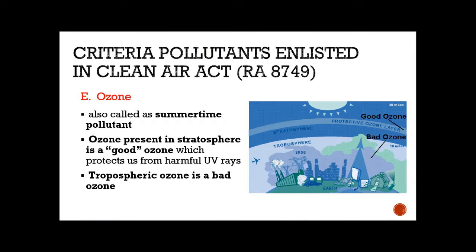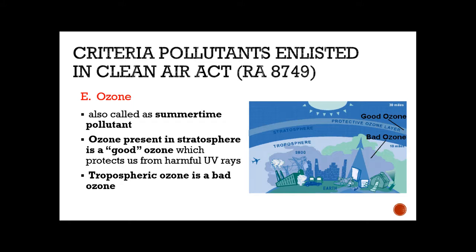The next criteria pollutant is ozone. Ozone, just like other gases present in the atmosphere, is an odorless and colorless gas. It's O3. Now, O3 may be good or bad depending on its location. So, if the ozone is present in the stratosphere, what do you know about it? It's a good ozone because we need this ozone to protect us from harmful ultraviolet rays coming from the sun.